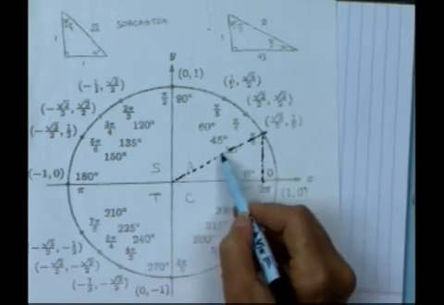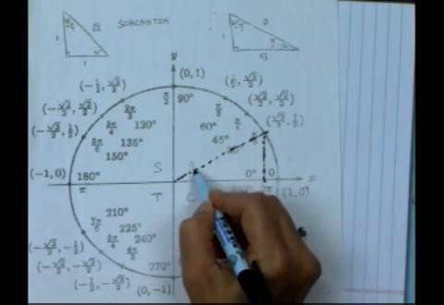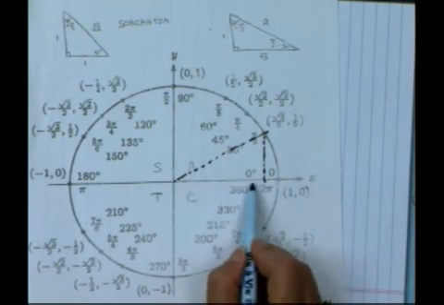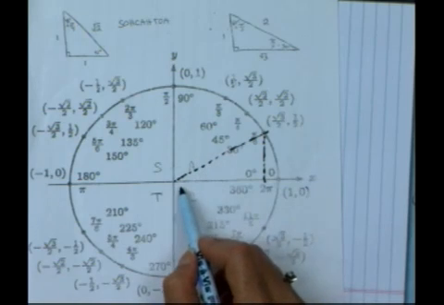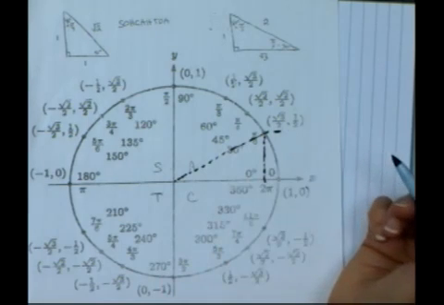Because the hypotenuse is 1, you know right away for this angle, that's 30 degrees or pi over 6 radians, that the cosine is the adjacent over the hypotenuse. Well, the hypotenuse is 1, so the adjacent, which turns out to be the x value, is the cosine.